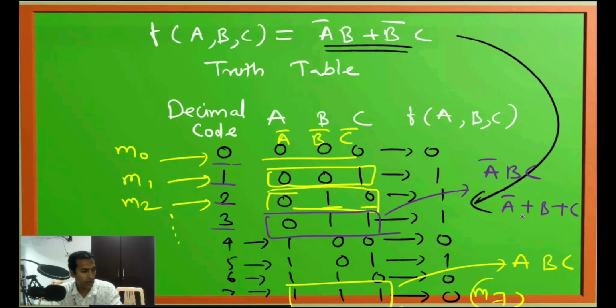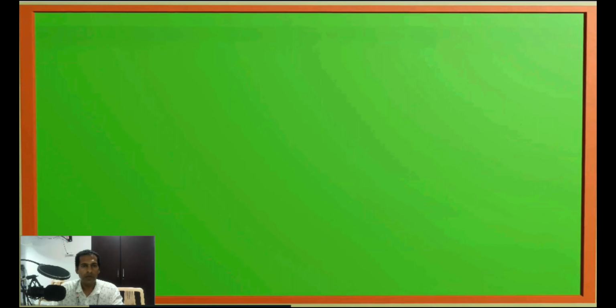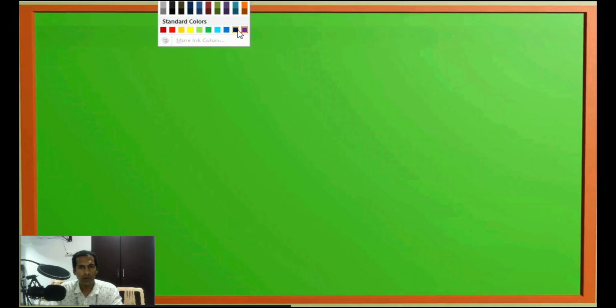So as in SOP form we have seen min terms, in POS form we will have max terms. A sum term which contains each of the n variables in either complemented or uncomplemented form is called a max term.